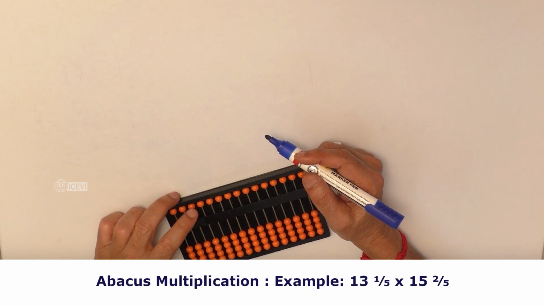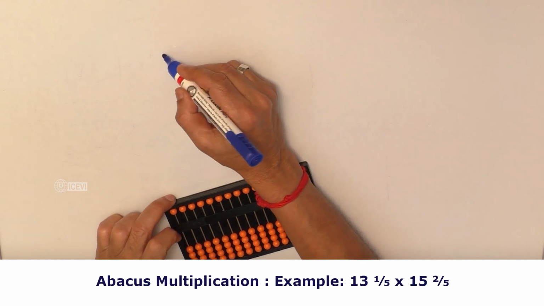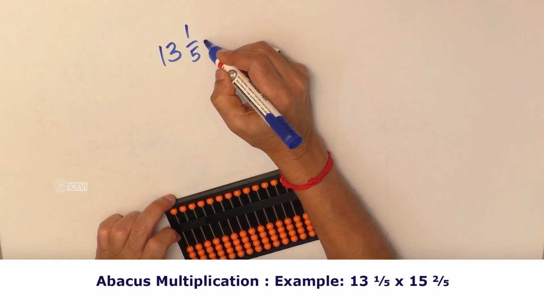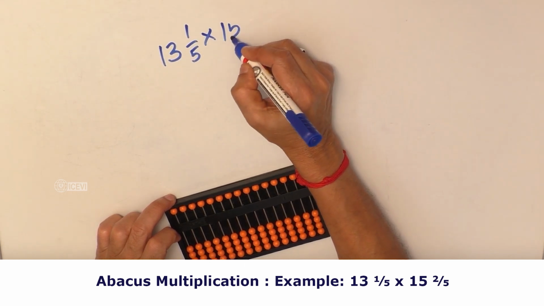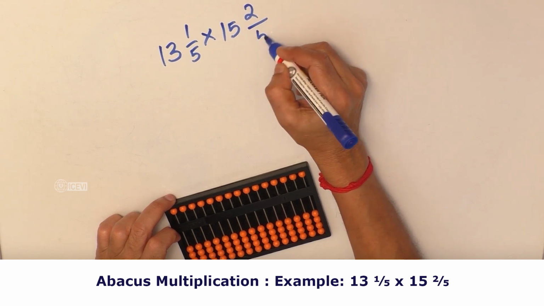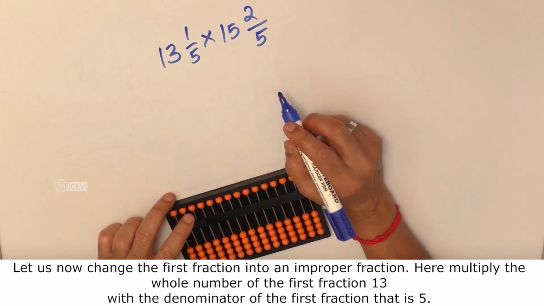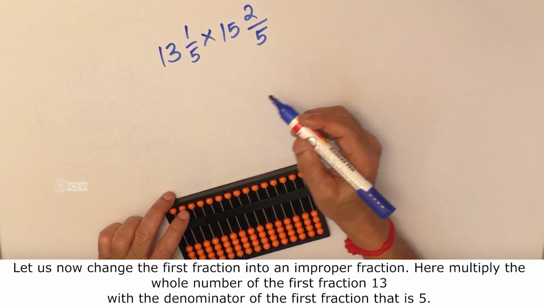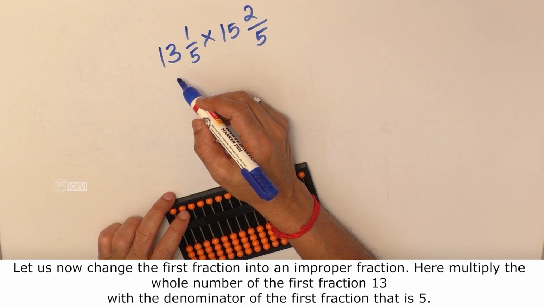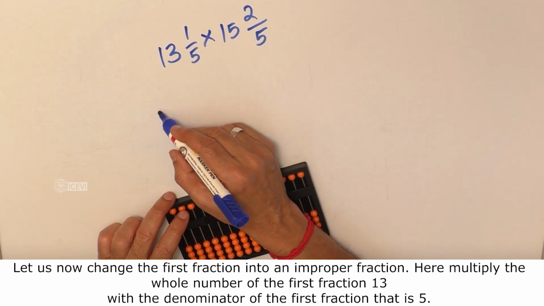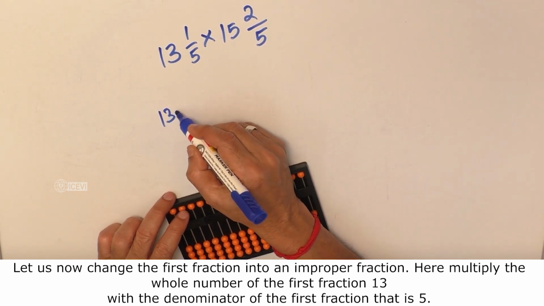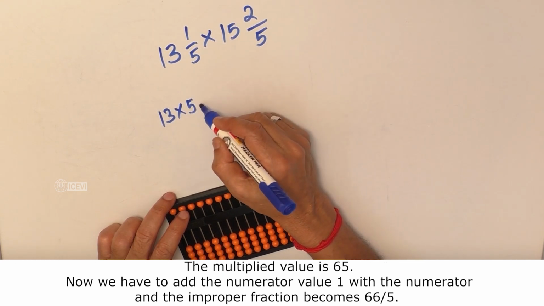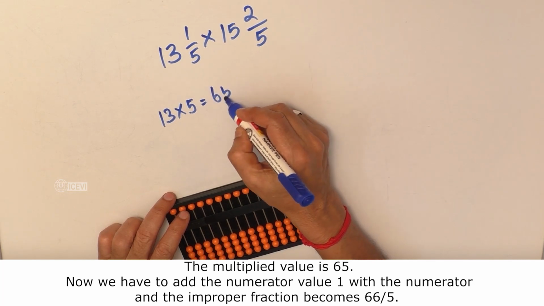Title of the video: Abacus Multiplication, Example 13 1 by 5 multiplied by 15 2 by 5. Let us now change the first fraction into an improper fraction. Here, multiply the whole number of the first fraction, 13, with the denominator of the first fraction, 5, and the multiplied value is 65.